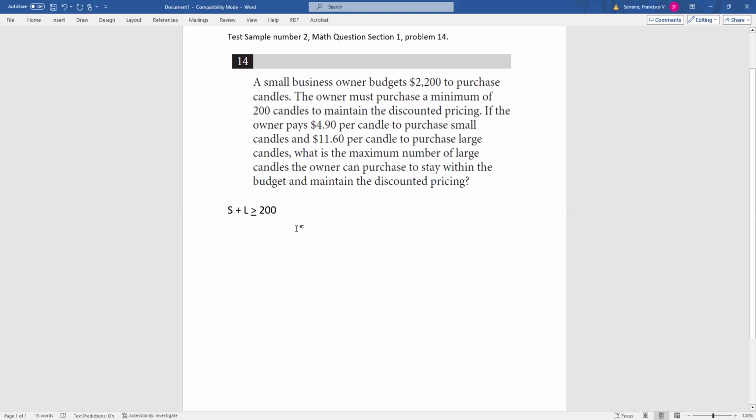Also, we know that the small candles cost $4.90 for each small candle, and the large candle is 11.60 times the number of large candles that we buy. You cannot go over the budget, which is $2,200.